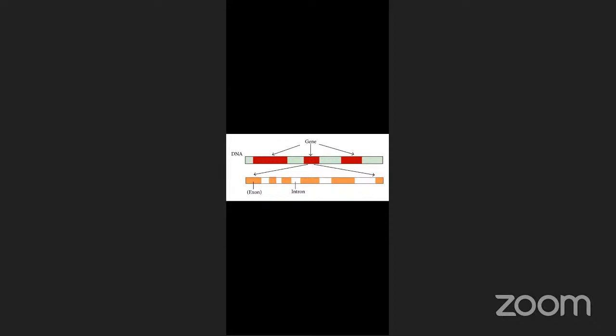Are you able to see the screen diagram? Yes, sir. In the first diagram, that is a DNA with gene.